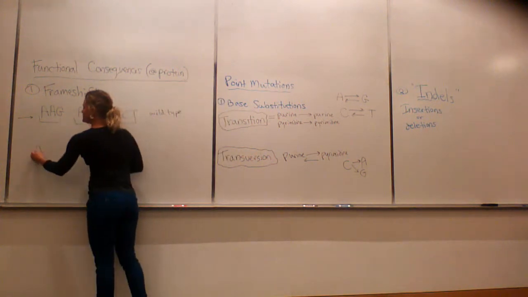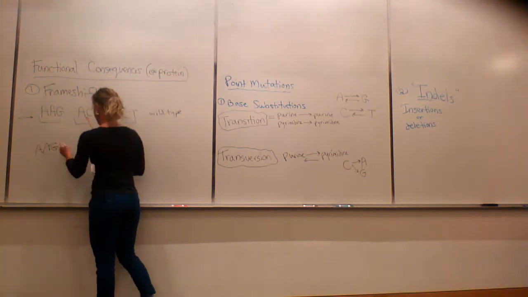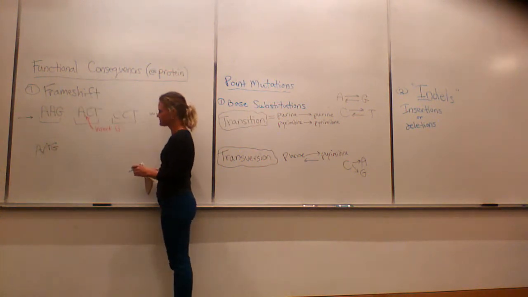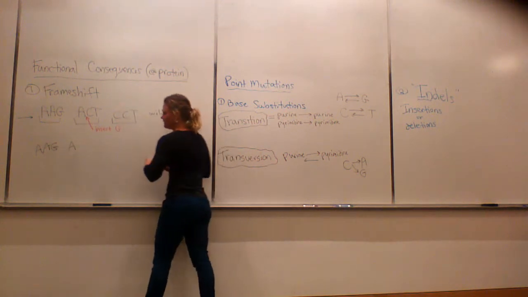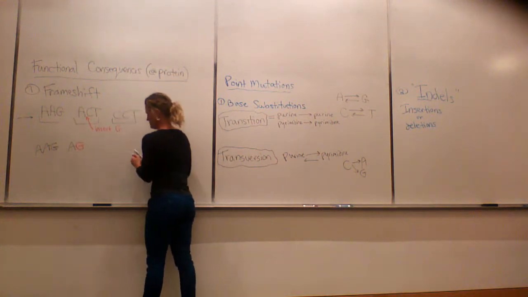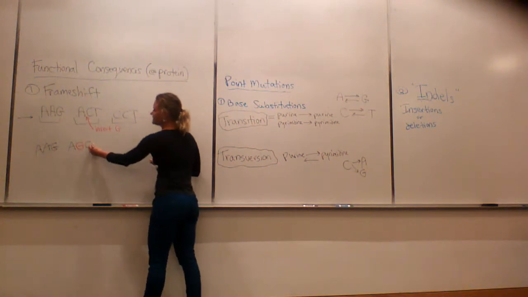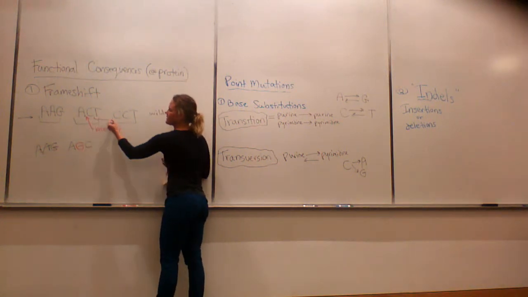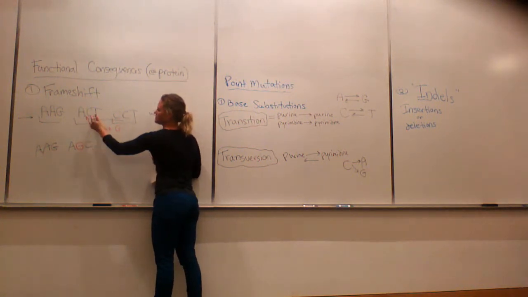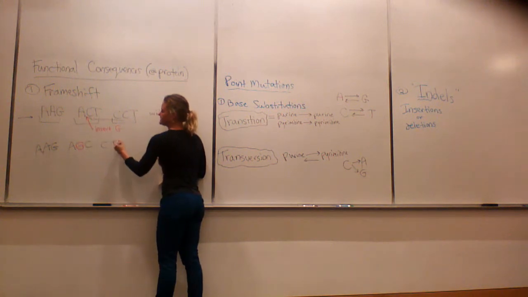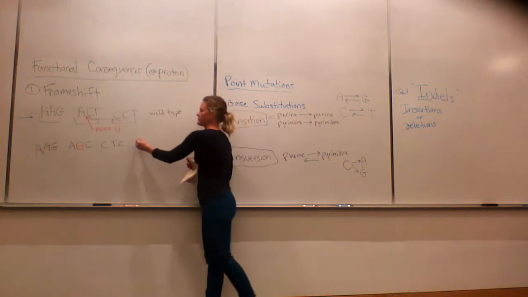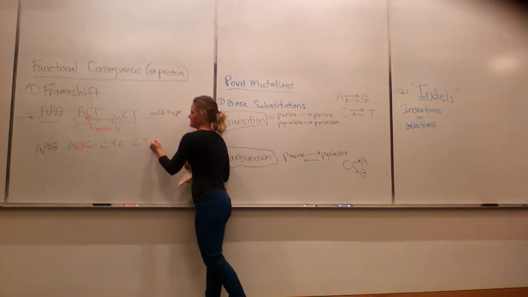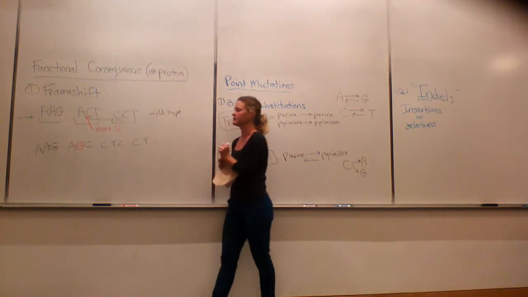So your AAG stays the same, okay? And all of a sudden we have an A, an inserted G, a C, and this gets shifted down so that now you're reading CTC, and then we have the rest of whatever else is hanging off the end of the protein.